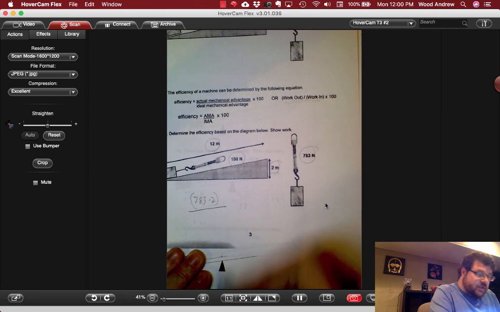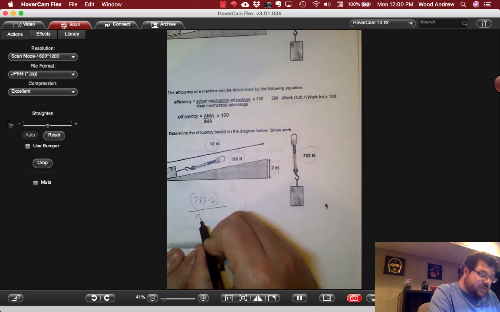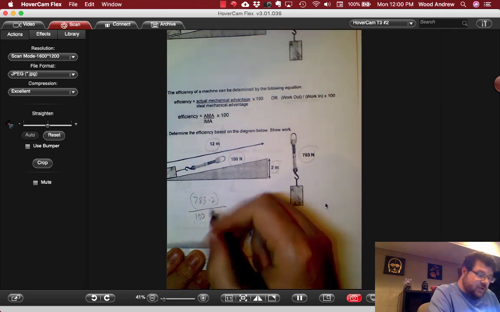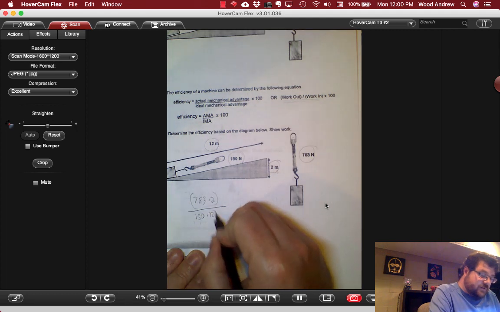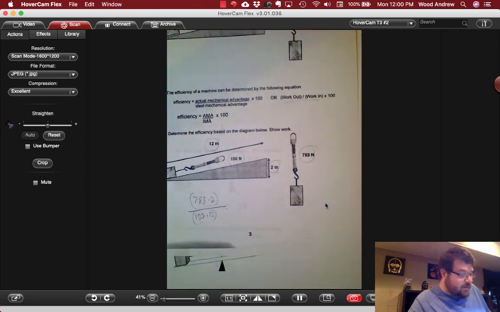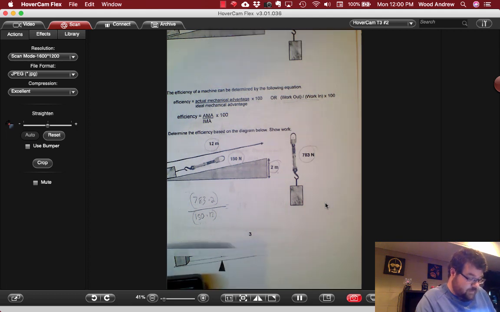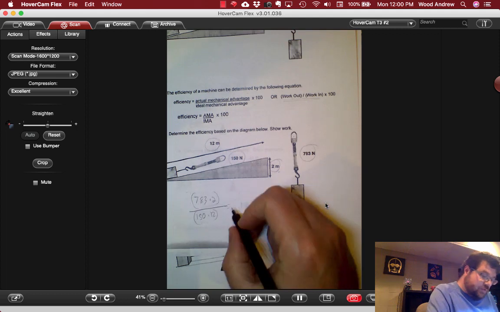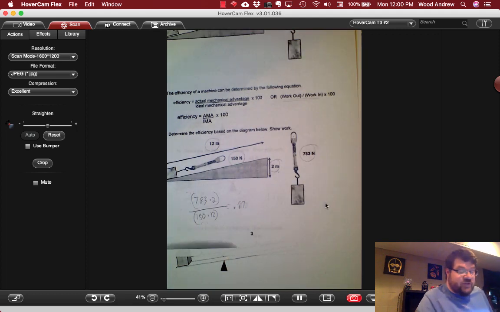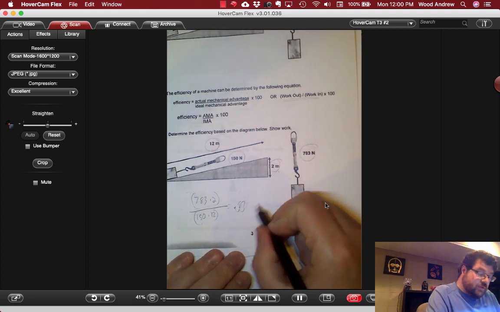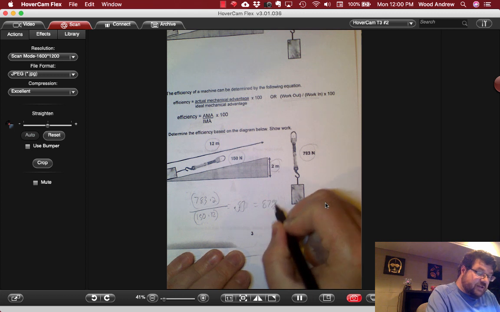The work input is moving with a 150 Newton force, 12 meters. So calculate this out. 783 times 2 divided by 150 times 12. And I get 0.87, but remember it's a percent, so 87% efficient.